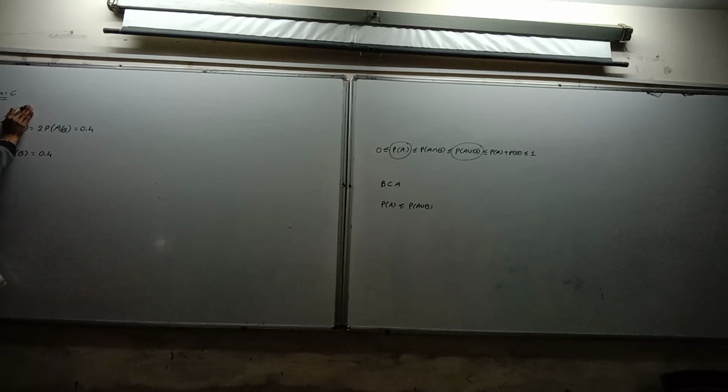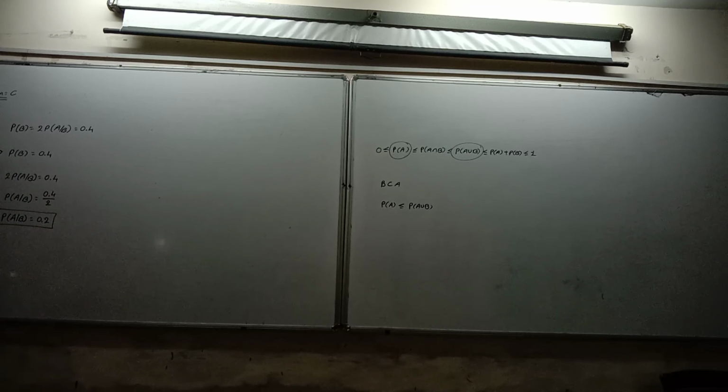First value covered, so 2P of A given that of B is equal to 0.4. 2 multiplication, opposite denominator, P of A given that of B is equal to 0.4 upon 2. P of A given that of B is equal to 0.2.